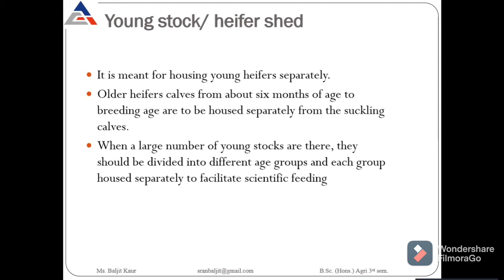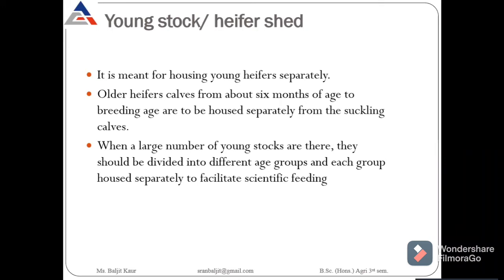Heifers means the females which are more than 6 months and near to their breeding time, right? So older heifer calves from about 6 months of age to breeding age are to be housed separately from the suckling calves. So these calves should be separated.